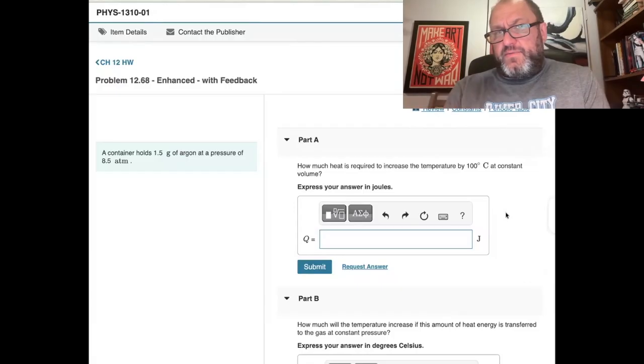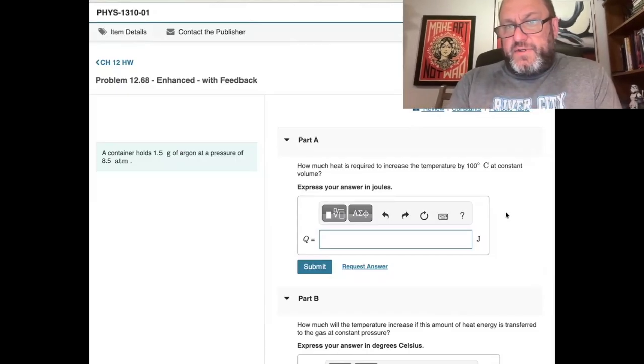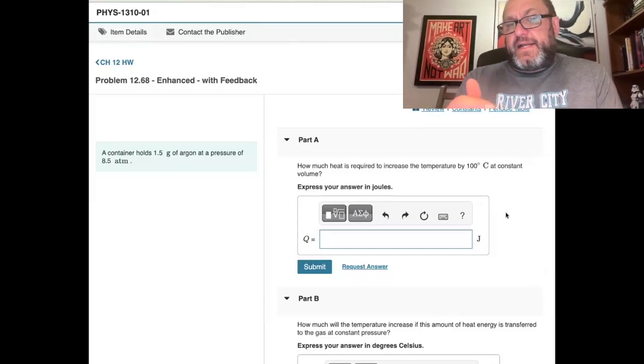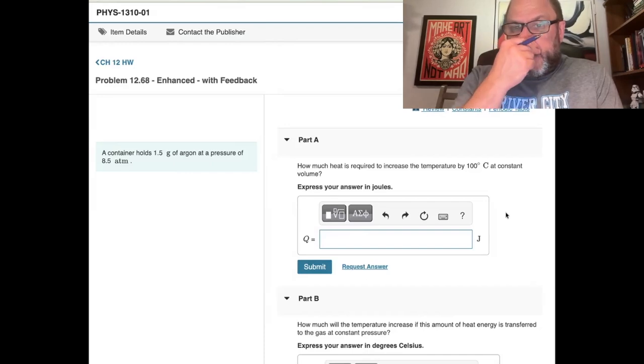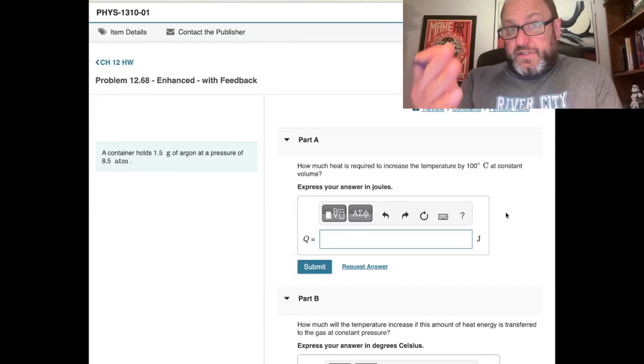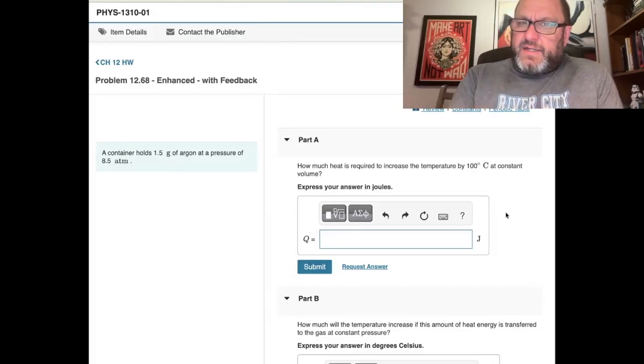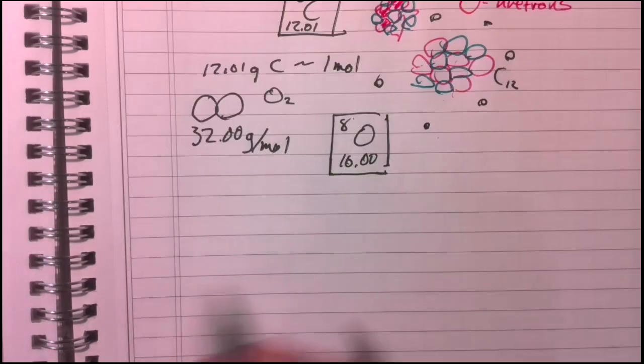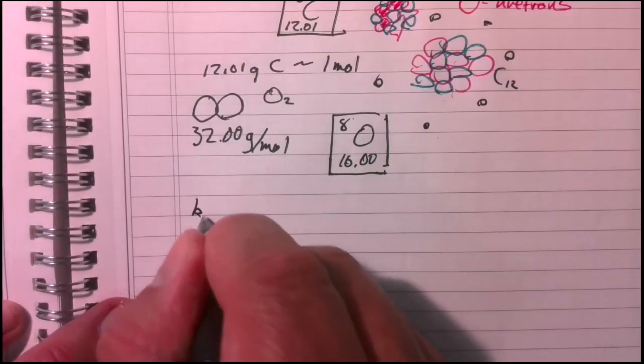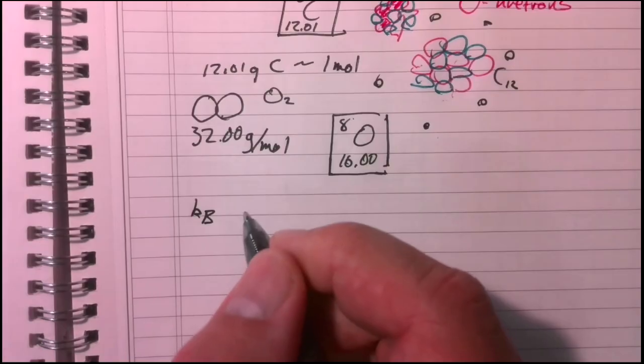Okay, guys, the next important thing is we need to read the problem, and it says, how much heat is required to increase the temperature by 100 degrees Celsius at a constant volume? That means the pressure is going to increase in this situation, and our volume is not going to change. The other constant we're going to need to talk about is Boltzmann's constant.